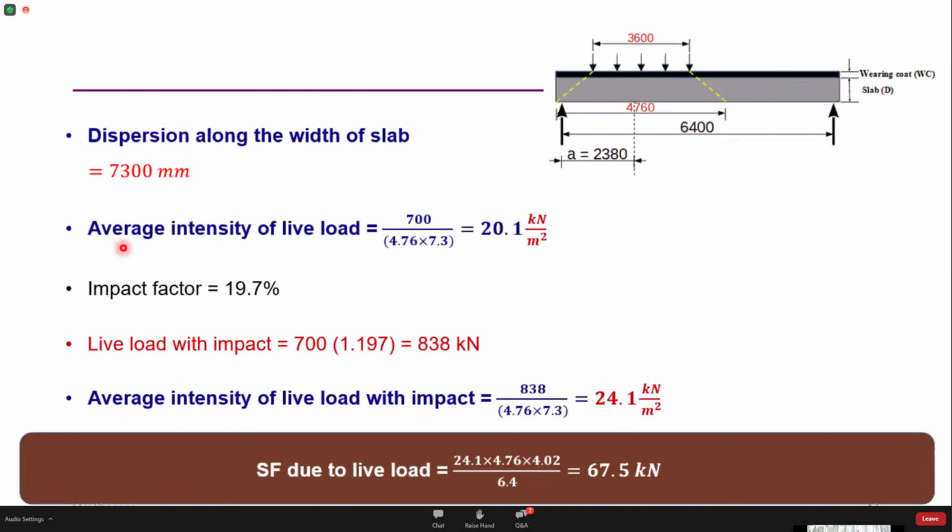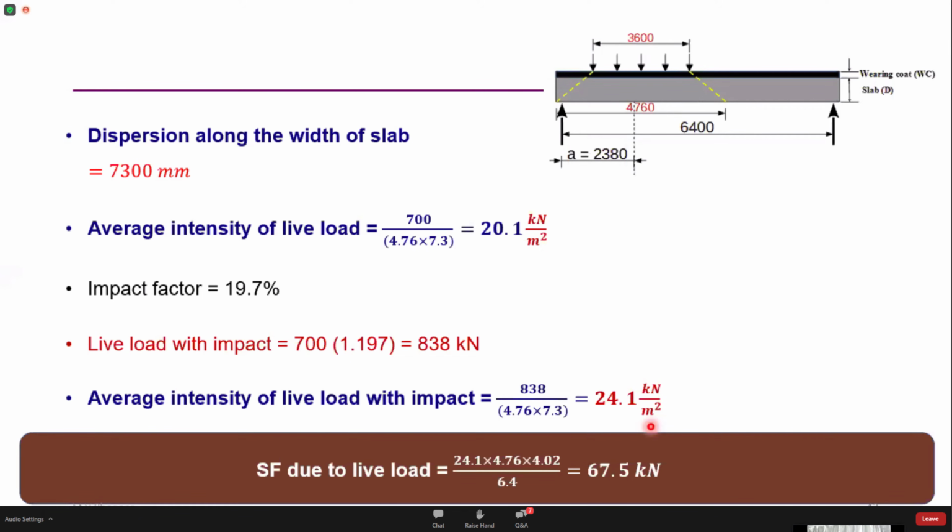I can again calculate the average intensity of live load by similar expressions. I can calculate the impact factor, and multiply this impact factor to this live load. Again, I can calculate the average intensity of the live load with impact. This is the load.